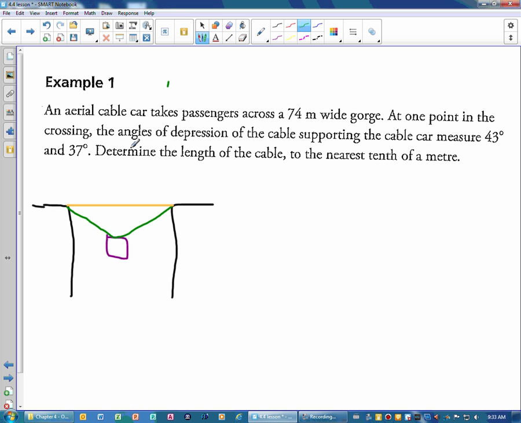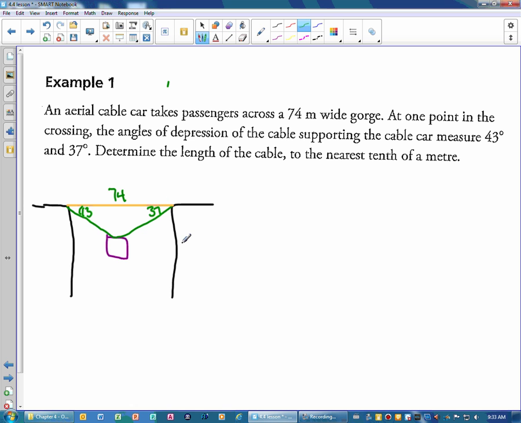So 1, we're going to call 43. And let's call this one 37. It doesn't matter what side it's on.